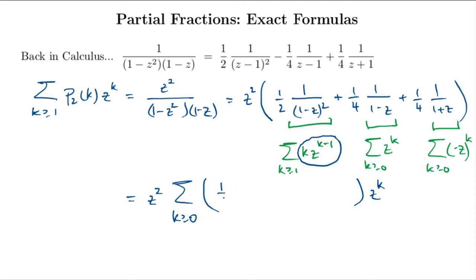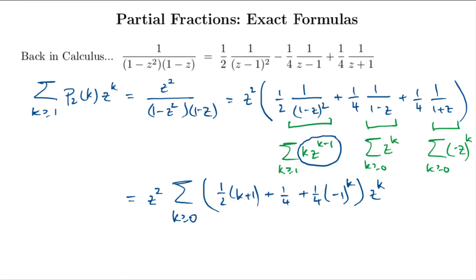So what we have is there's a 1/2, and then this k becomes a k plus 1, because I want to have a z to the k outside. From the middle term, I get a 1/4. And then from the last term, I get a 1/4 times minus 1 to the k.